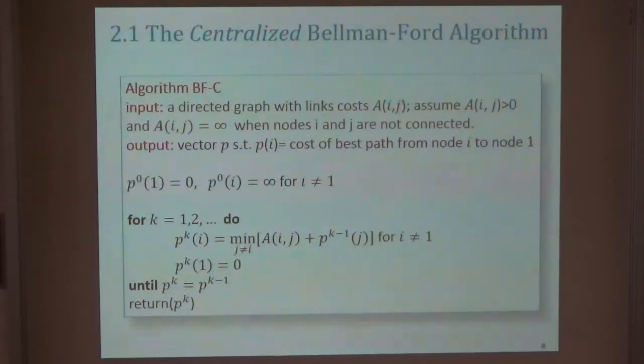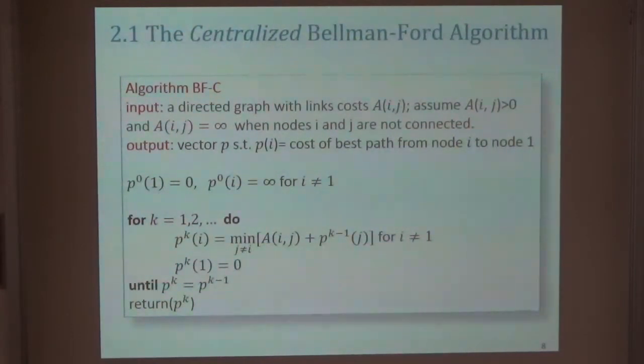Then I will do a loop that will, at every step, compute the minimum of Aij. Aij is the cost of the edge ij, so it's the cost of going from i to j, plus the cost in the previous iteration of going from j to 1.